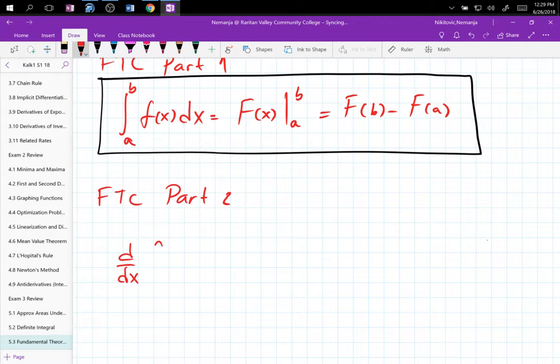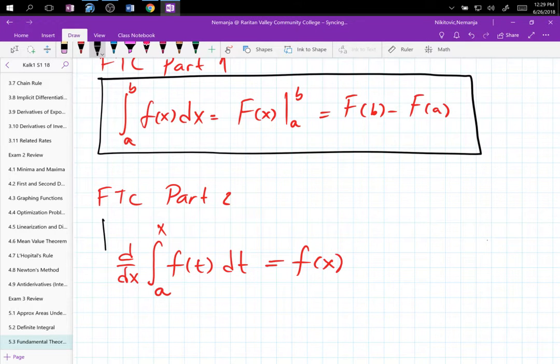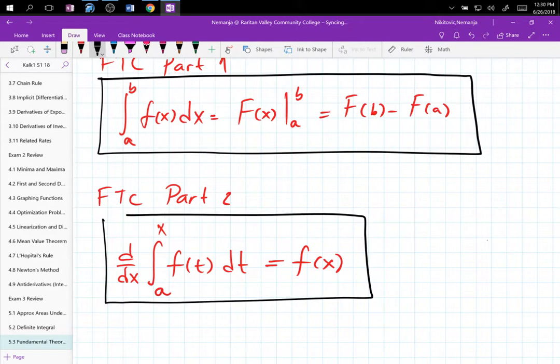So d/dx of the integral from a to x of f of t dt is equal to f of x. All right, so this formula here is the fundamental theorem of calculus part 2, and we are mainly going to focus on this now.